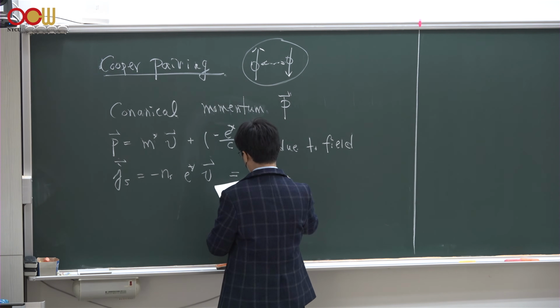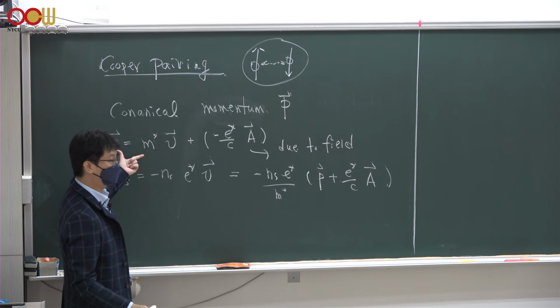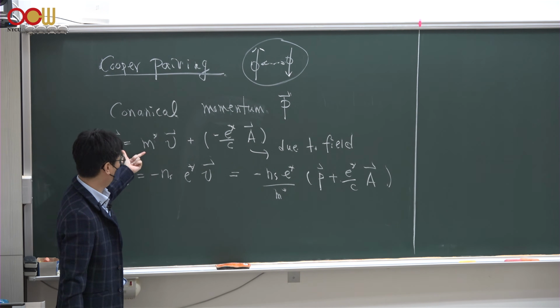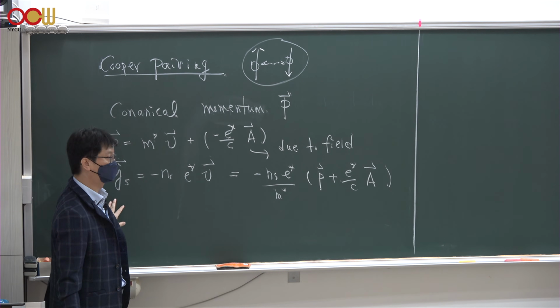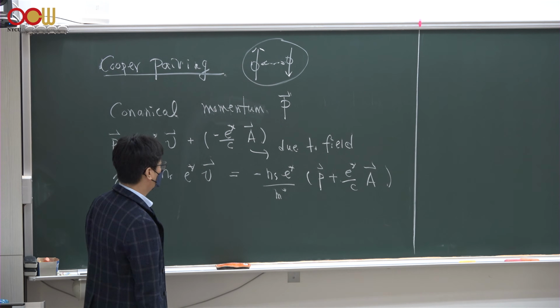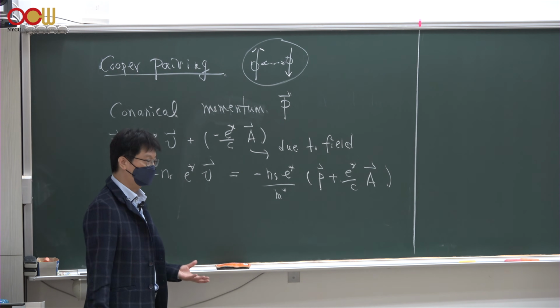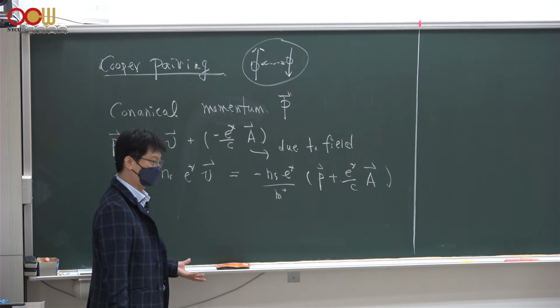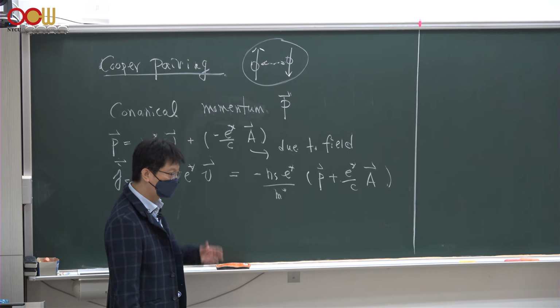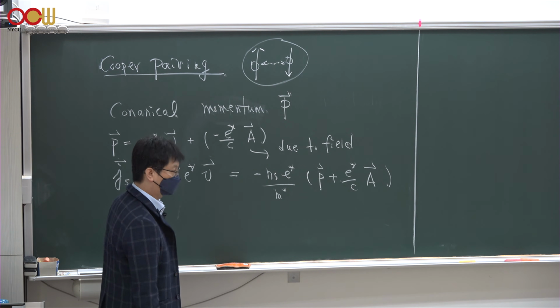If I plug in the definition of the canonical momentum of a charged particle in the superconducting state, I can rewrite the supercurrent, J_s, in terms of the canonical momentum p. This is the momentum of a Cooper pair, or in the superconducting state, the momentum of the charged particles that lead to the supercurrent.